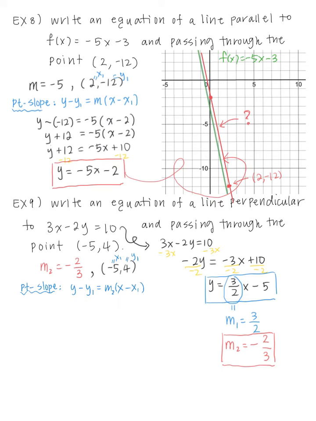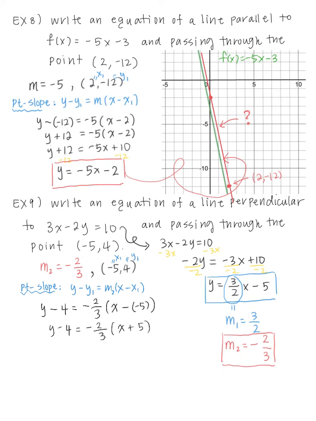Let's do it. You're going to have y minus 4 equals the perpendicular slope, negative 2/3, times x minus x1, so x minus minus 5. Looking good. So you have y minus 4 equals negative 2/3 times x plus 5.